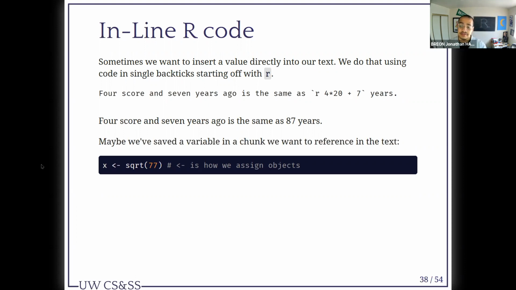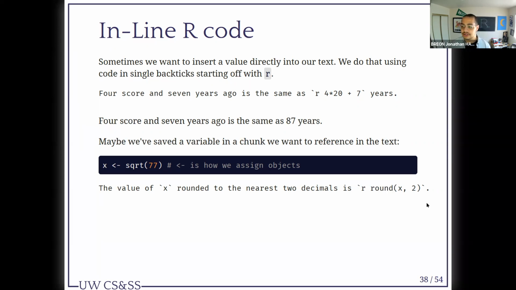Maybe we've saved a variable in a chunk that we want to reference in the text. So we could say something like x will be assigned the square root of 77. And then we can write a sentence in the content of the document that says the value of backtick x rounded to the nearest 2 decimals is R code, as denoted by this backtick and then immediately a lowercase r.